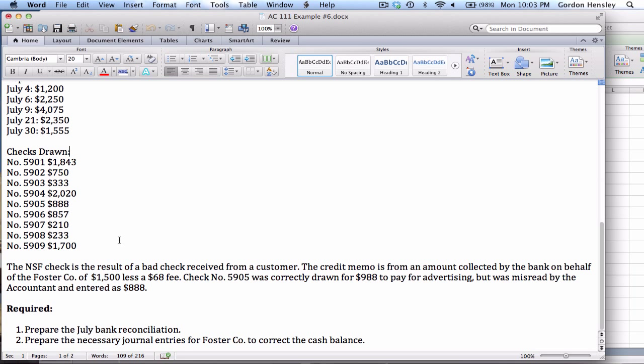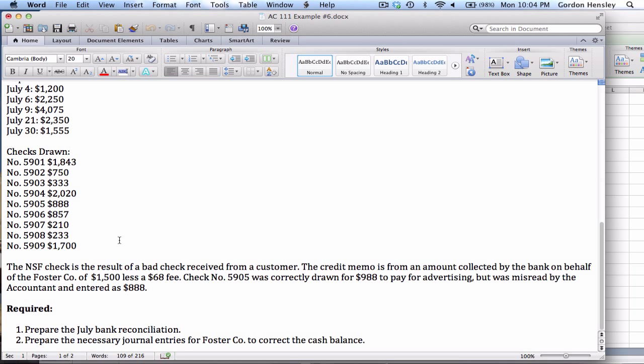There's a credit memo, which is an amount that was collected by the bank, and it's $1,500 less a $68 fee. And then we also have a problem with one of our checks. We've got a check number 5,905. It was drawn for $988, but it was misread by the accountant and entered as $888. So that'll have to be resolved.